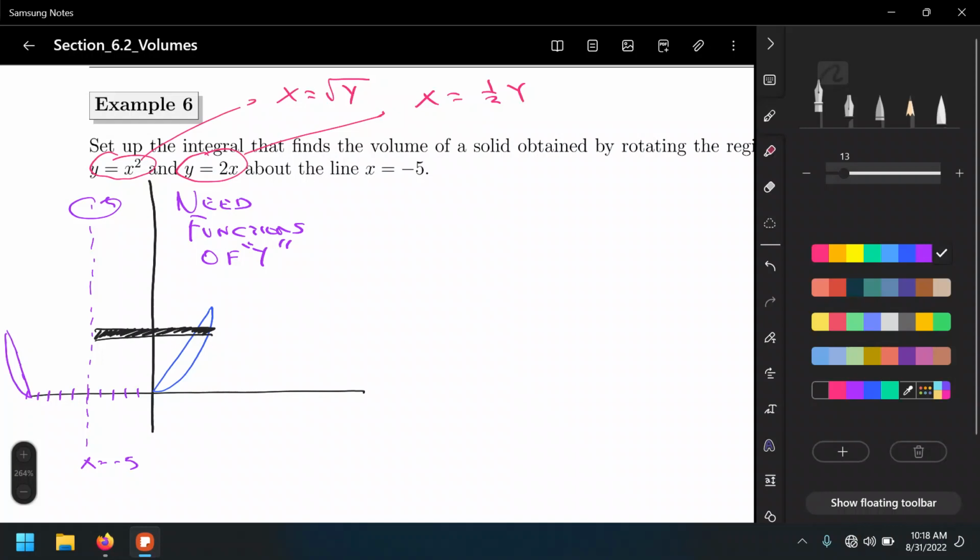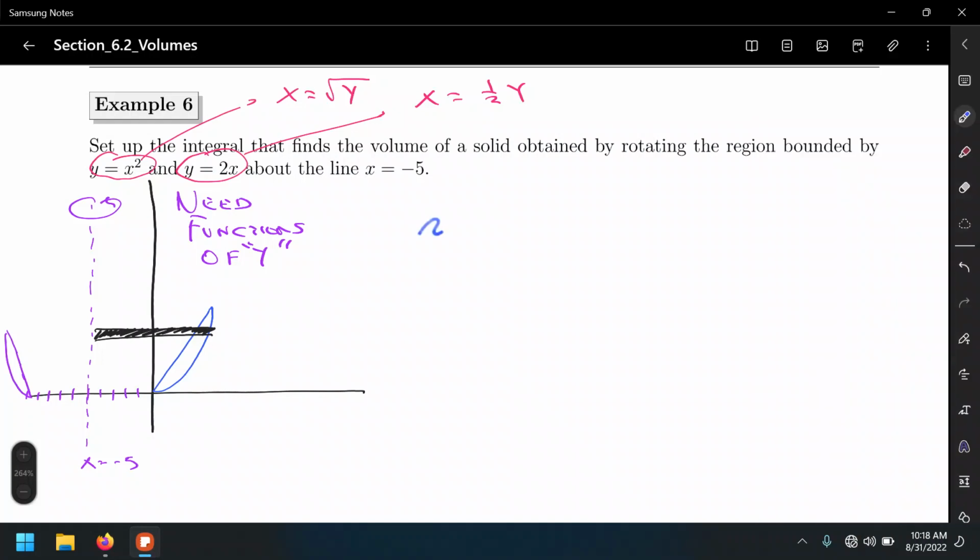And the inner radius will be the diagonal line, not 2x in this case, but half of y, which is in terms of y. Well, this time we're going to set the integral the following way. So this is the axis of rotation, and we want this solid, this will be the whole volume minus the hollow part.